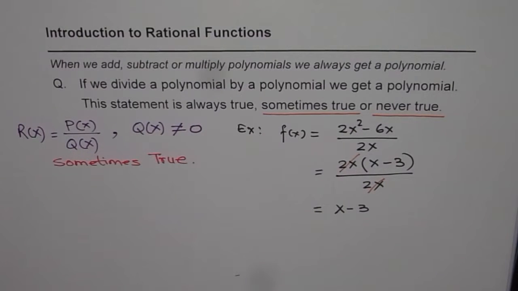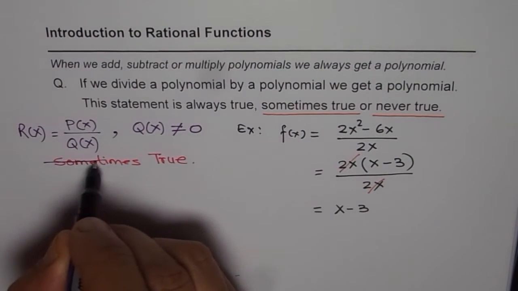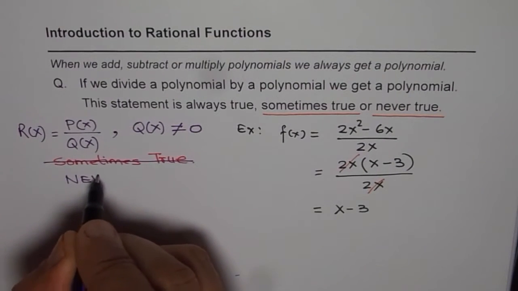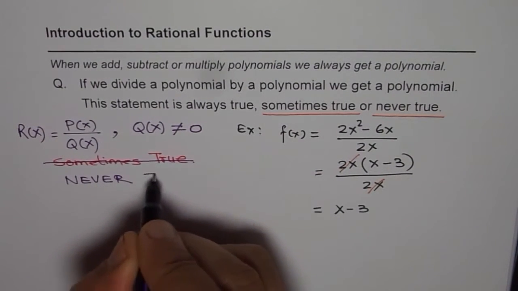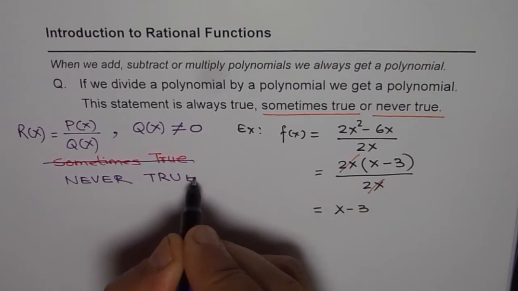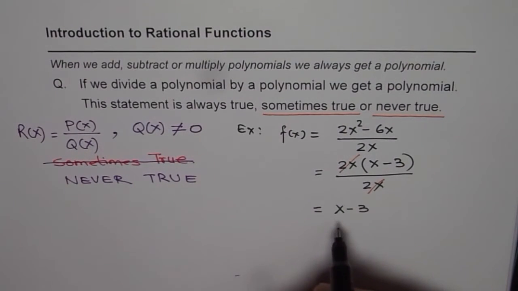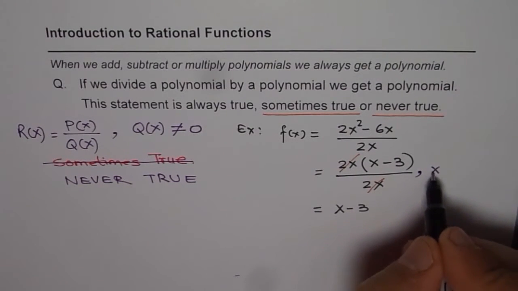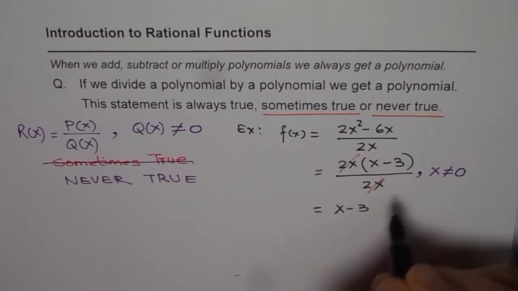Now what do you think? Is he right or wrong? Well, as expected, the teacher crosses it out and the answer says never true. Now, can you explain to me why? The explanation, and that's a very important explanation, is that whenever you cancel, you have to write that x is not equal to 0.